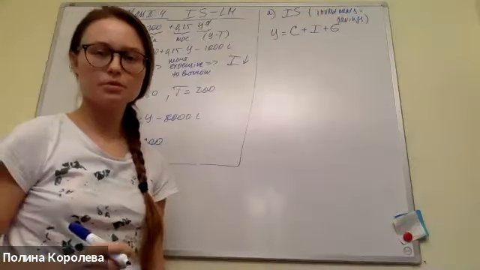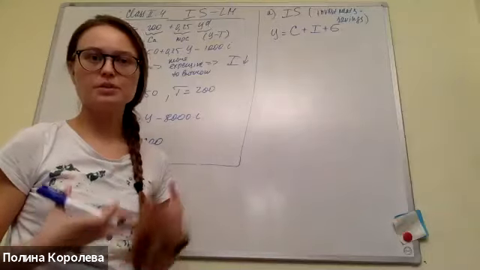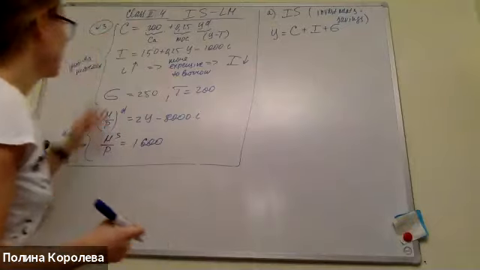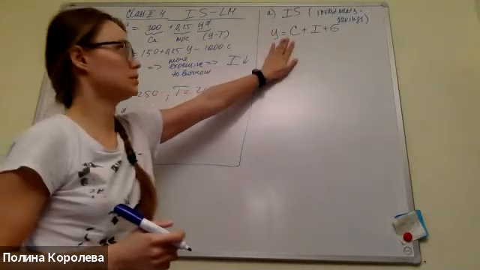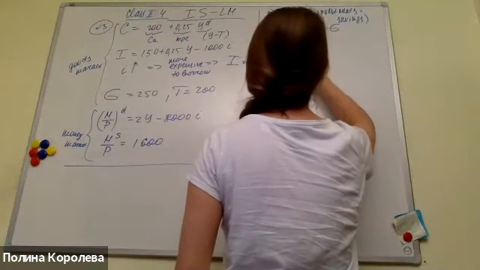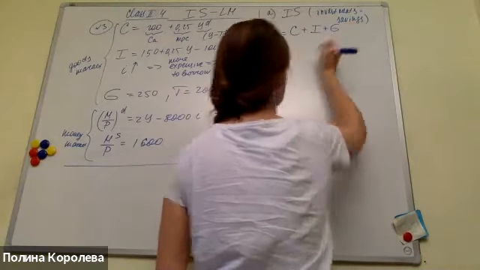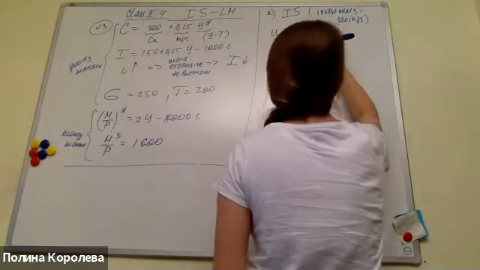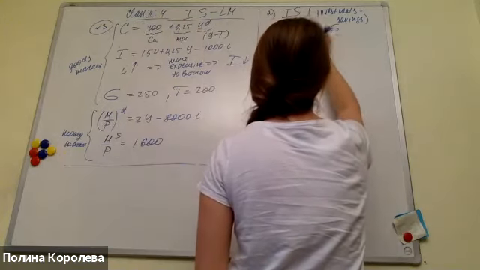We're working in the closed economy, so we do not consider net export. So put everything in this condition, and we will find a formula for the IS relation: the relation between GDP and interest rate, such that the goods market is in equilibrium.